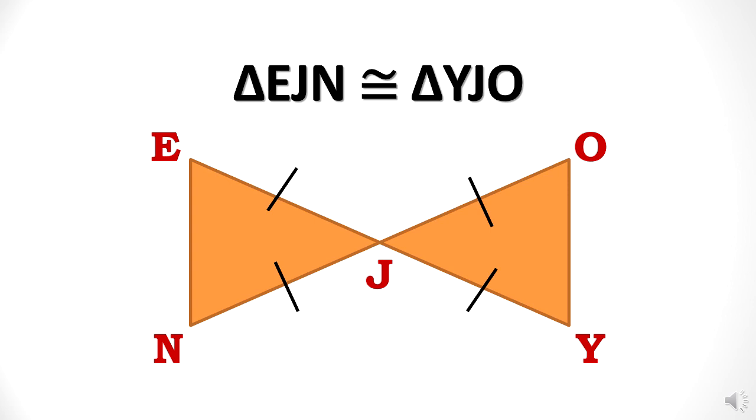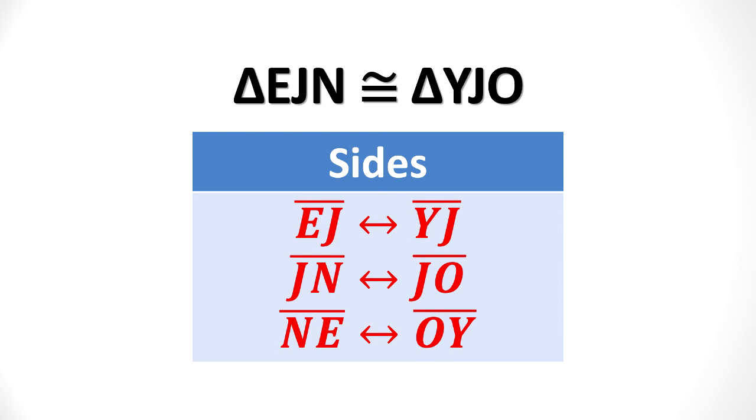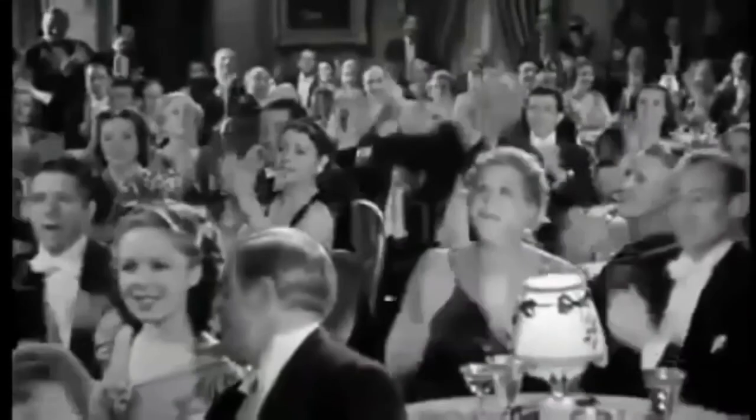And for the last correspondence, here's the figure again. I'll give you another 10 seconds to match the correspondence of the sides. Well done! It seems like you got all the answers correct.